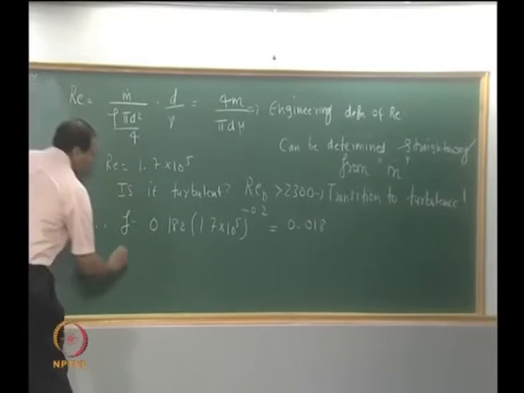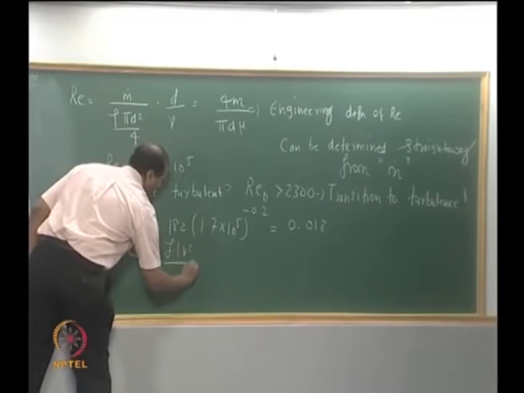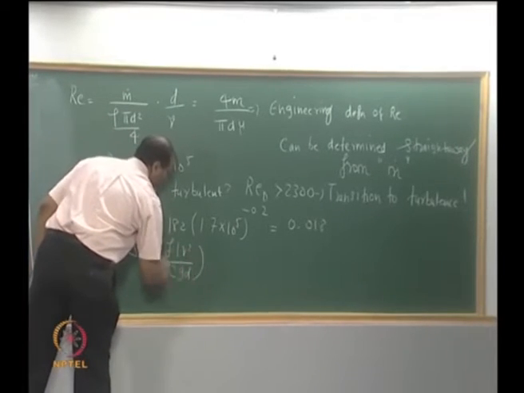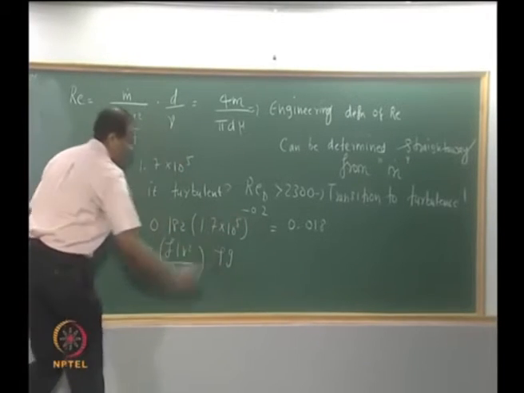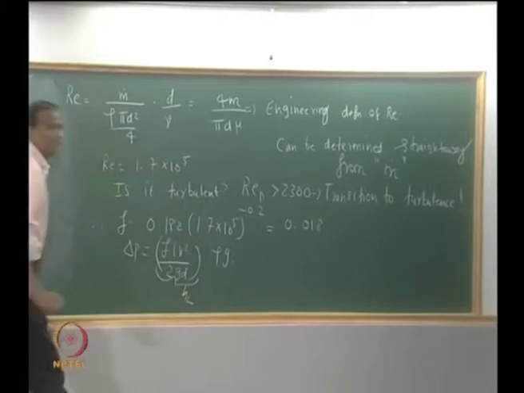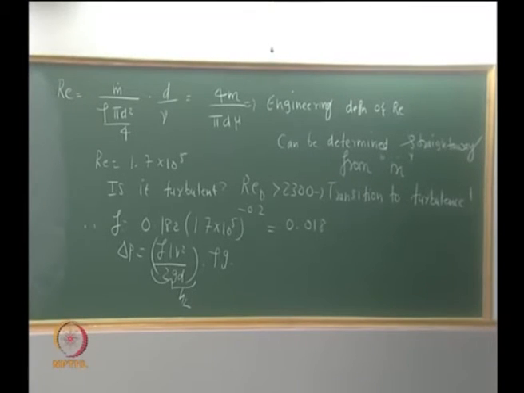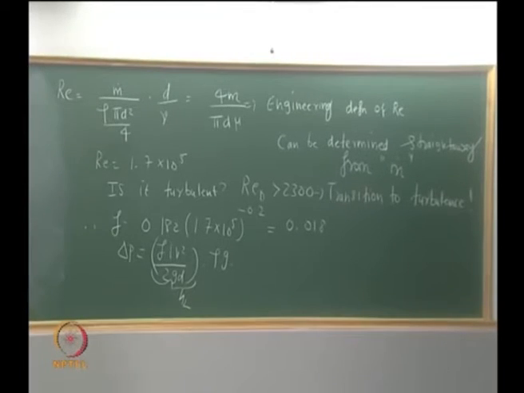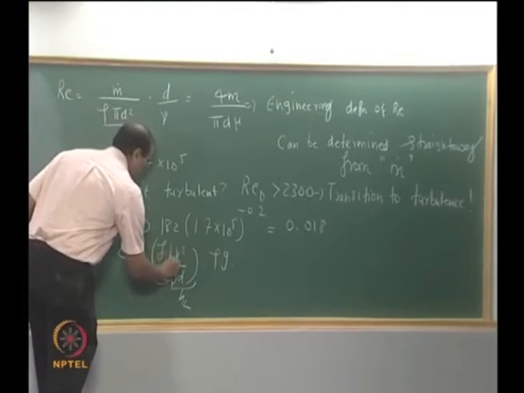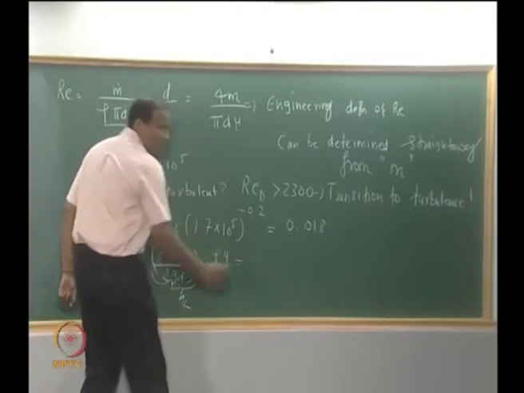Okay. Delta P is head loss HL rho g. So, this is basically f L V squared by 2 g D into rho into g. f is known, L is 250 meters, velocity is known, D is known, go ahead and calculate this.